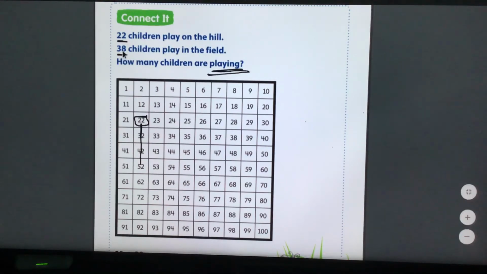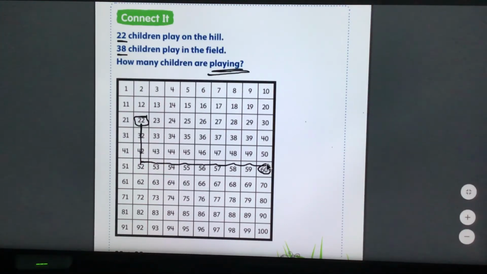So now I need to add 8 ones. So now you're going to go across 8, because when you move across on a hundreds chart, you're counting by ones. So then you're going to go 1, 2, 3, 4, 5, 6, 7, 8. And where you land is your answer.